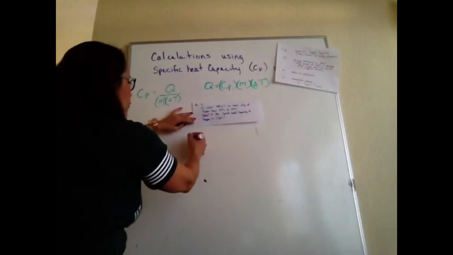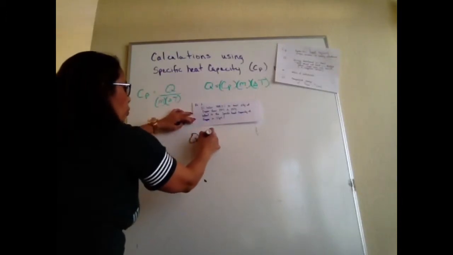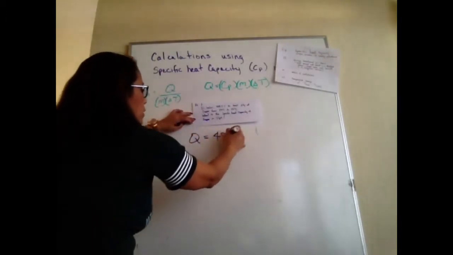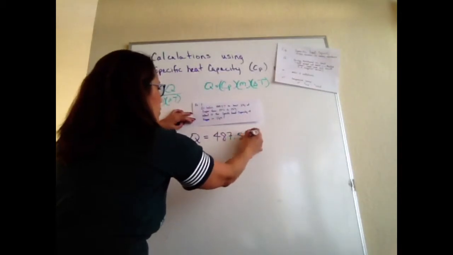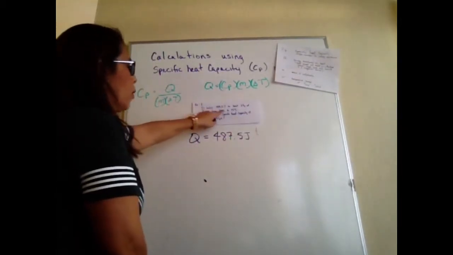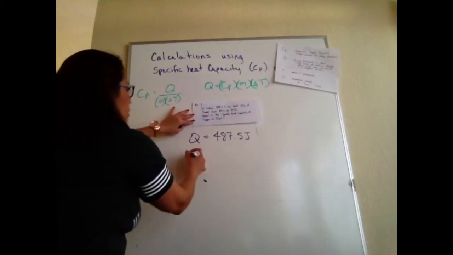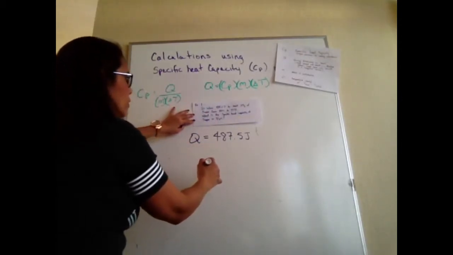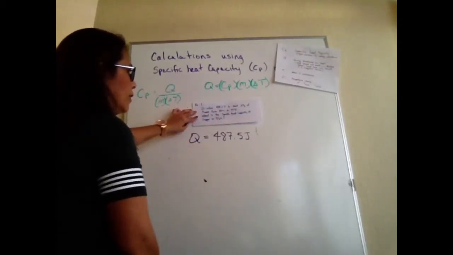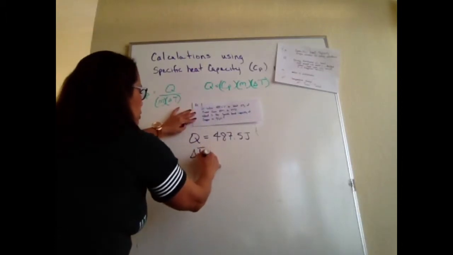The amount of heat, or Q, is equal to 487.5 joules. To heat up a substance from 25 degrees to 75, we go to the change in temperature.